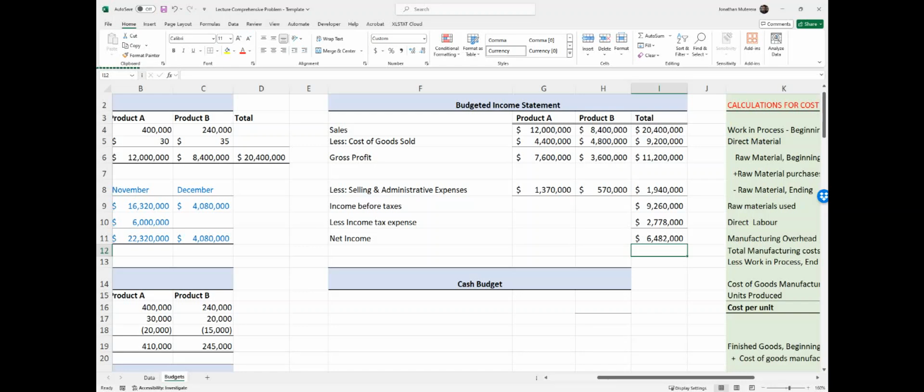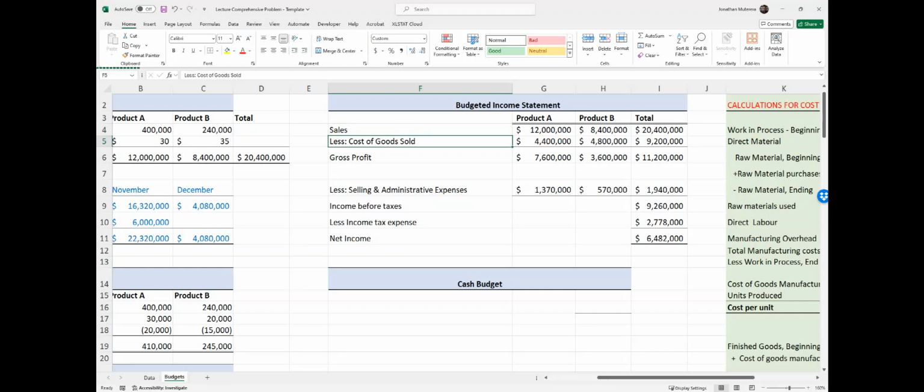So again, let me just go over the income statement. It's the budgeted income statement. Most of the information will come from all the budgets that you have prepared. As you can see, our sales information comes from the sales budget. Our cost of goods sold had to come from all the other budgets related to production: the production budget, the direct material, direct labor, and overhead.